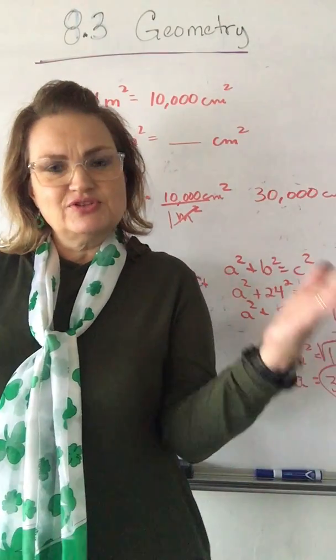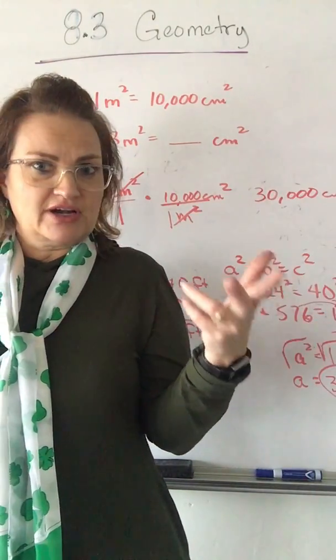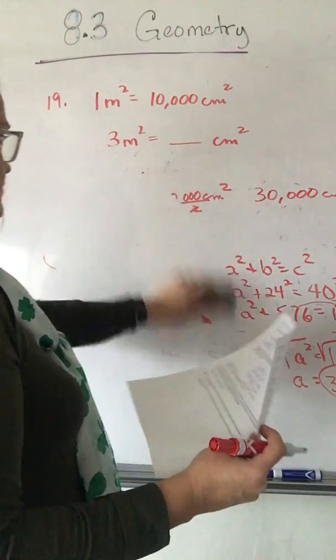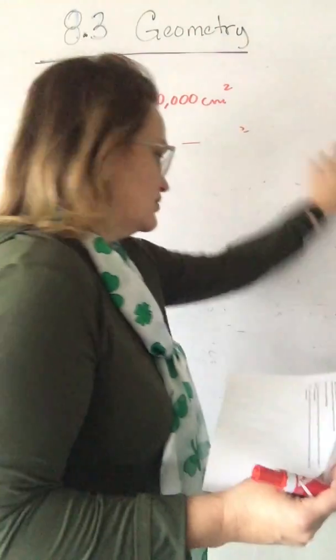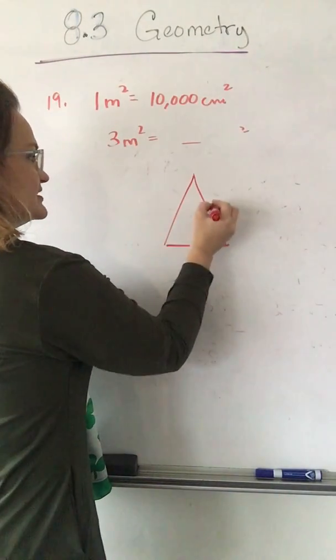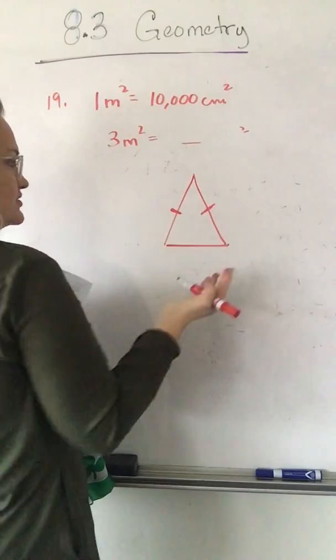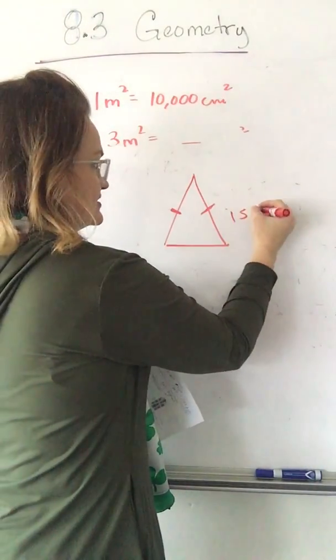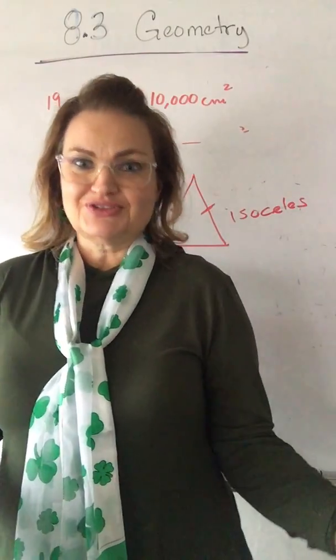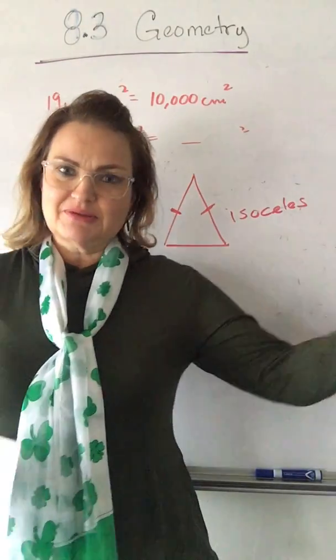There are isosceles triangles, which aren't necessarily 90-degree triangles. They could be different. An isosceles triangle just means that 2 of the sides are the same. That's isosceles. So the Scarecrow talks about an isosceles triangle, and then he confuses it with the Pythagorean theorem.